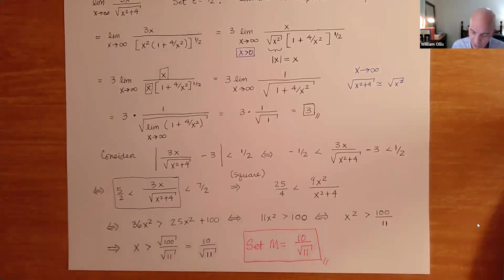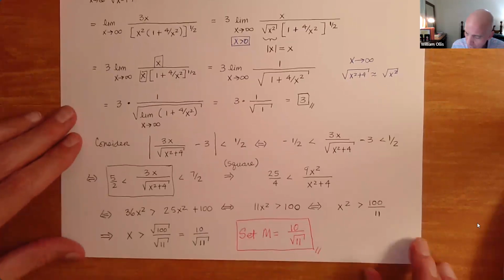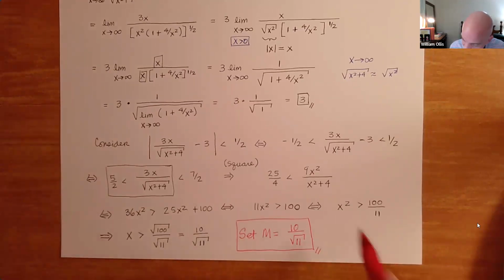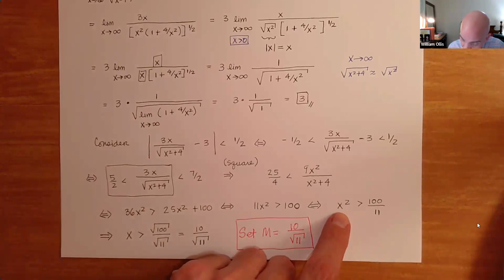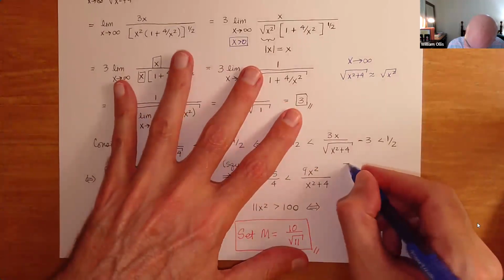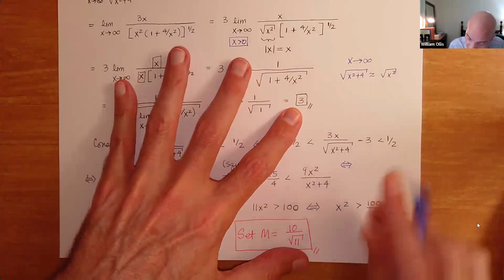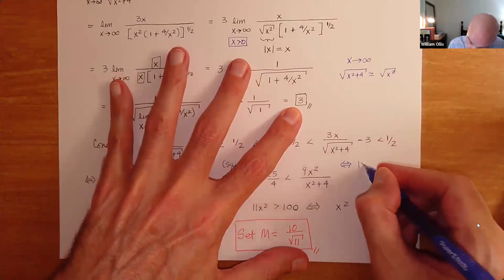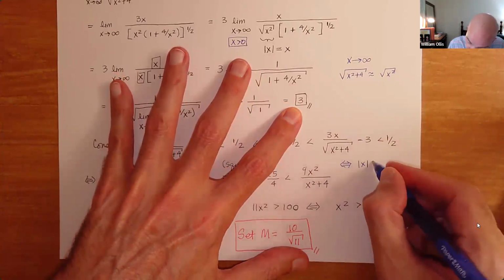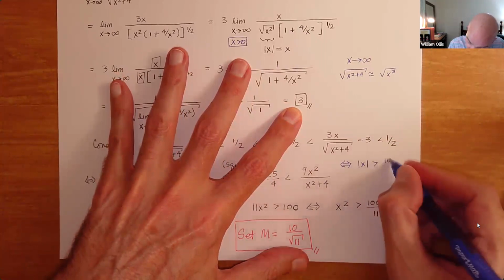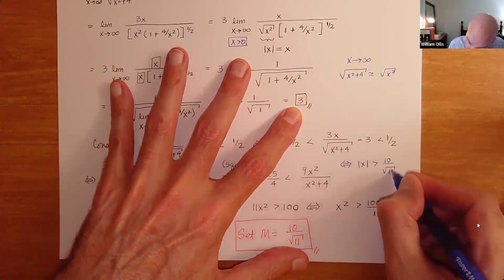So again, we see the use of so much of the inequalities that we have worked with. And the beauty of all of this, and this is very important, if we just look at this particular example, notice if we did this in complete detail, we'd have the absolute value of x is greater than 10 divided by the square root of 11.